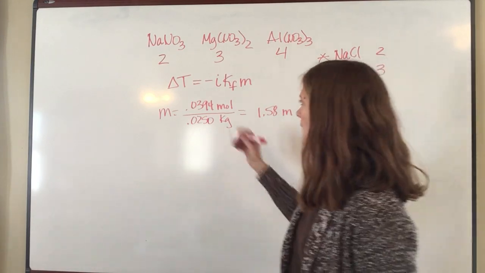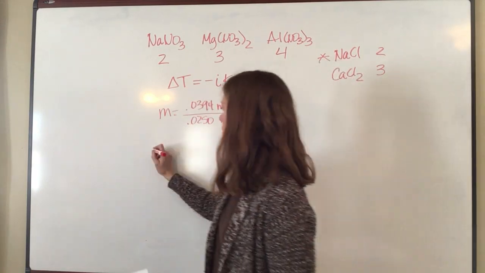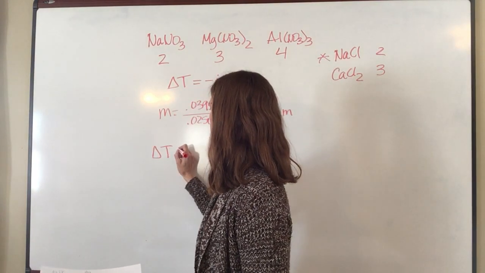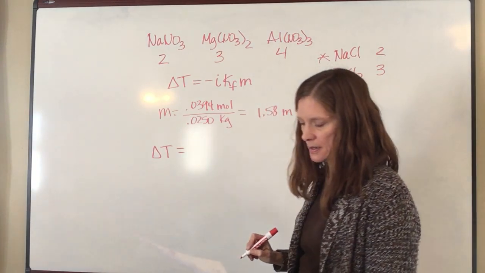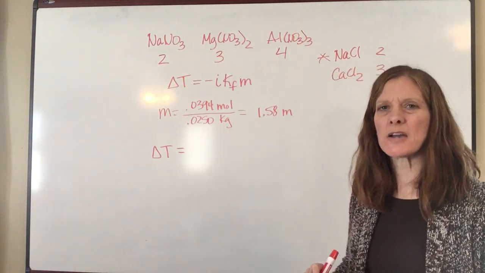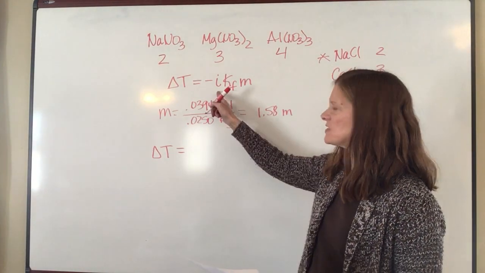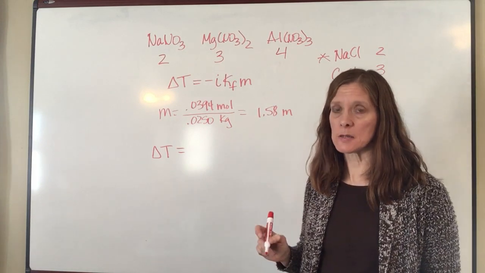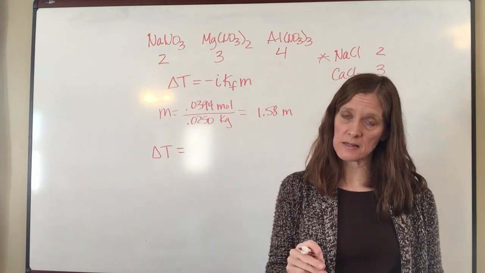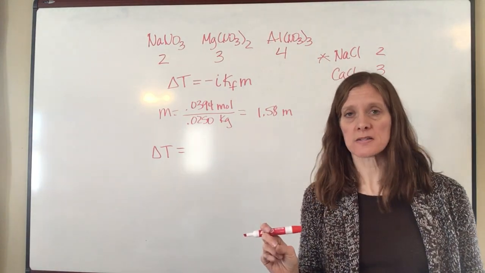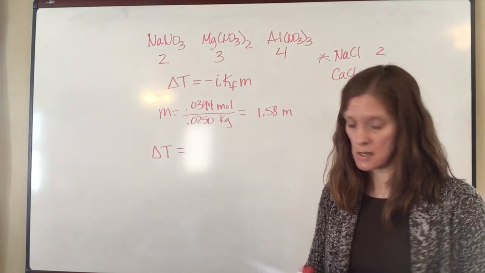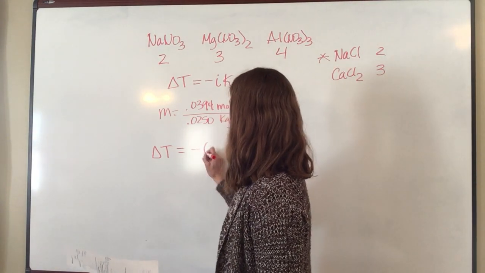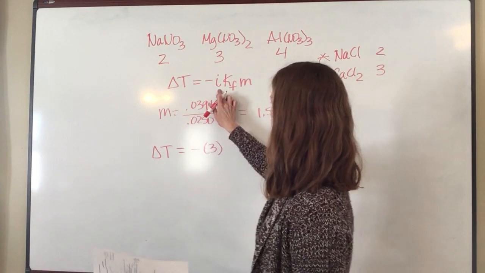Okay, now I can use this equation. So my delta T is going to be, now it says that I've got magnesium hydroxide. So what's the i for that? Well, magnesium hydroxide is going to make 1 magnesium and 2 hydroxides for a total of 3. So I'm going to have a negative 3, as that was here.